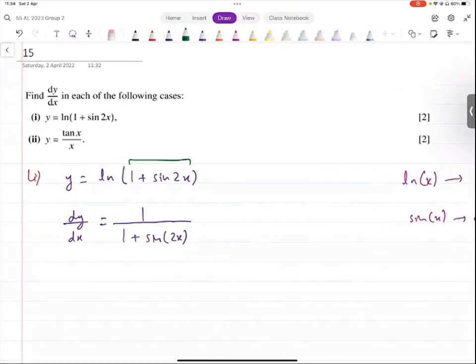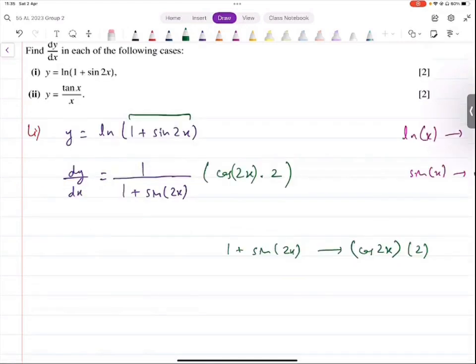One plus sin 2x का derivative. 1 का derivative 0. You can just leave that. Sin 2x का derivative cos 2x, but that's not complete yet. 2x का derivative 2 उससे multiply करेंगे.